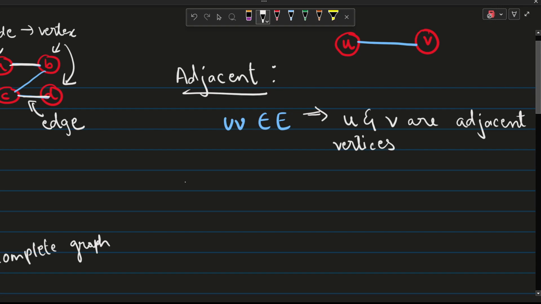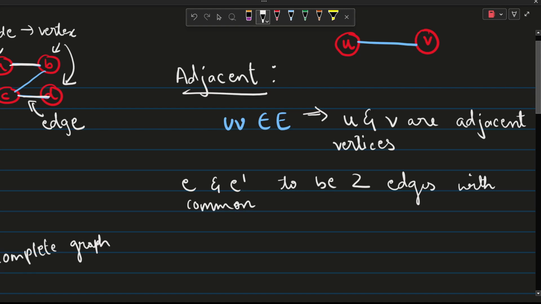Similarly, consider E and E dash to be two edges with a common vertex.